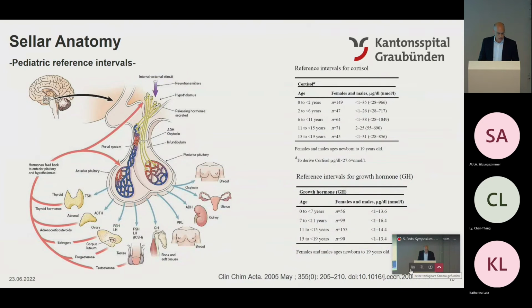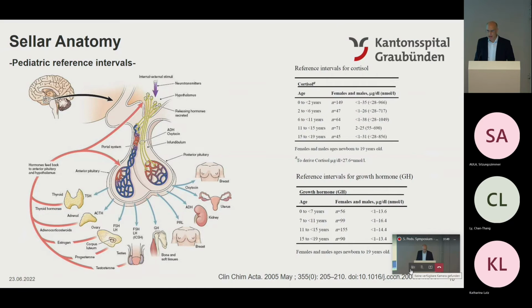What are the normal values in childhood and adolescence? This may vary. So I asked my pediatric endocrinologist in Chur, I wanted a good sentence, just one statement about differences between children and adults. What can we say? And he told me, don't say anything because it's too complex.